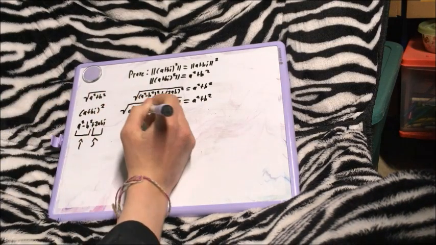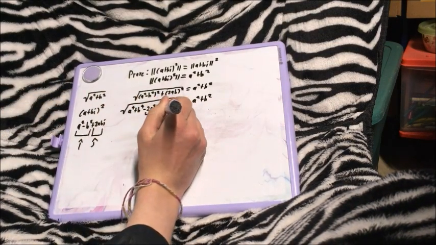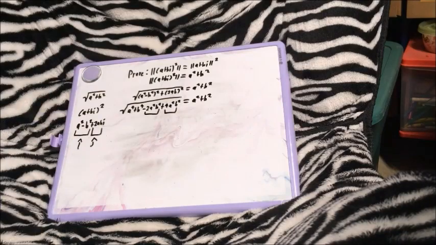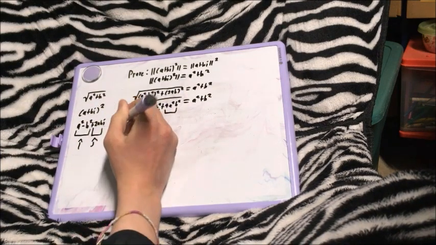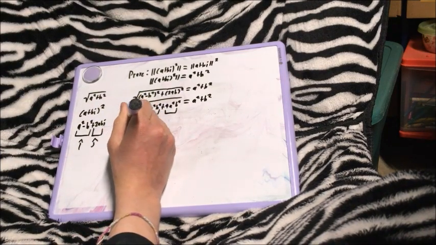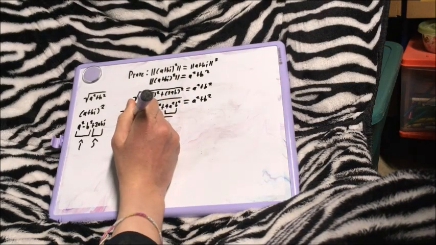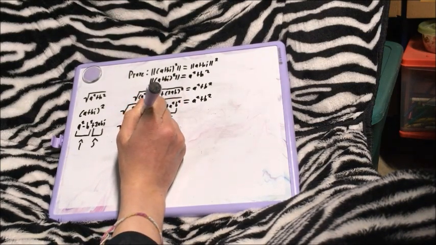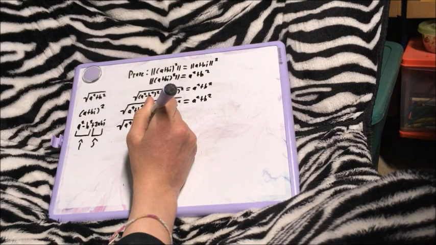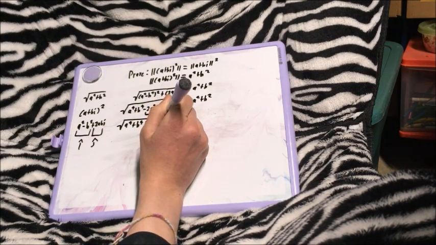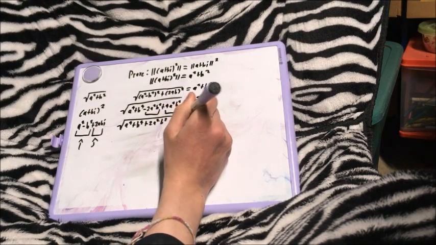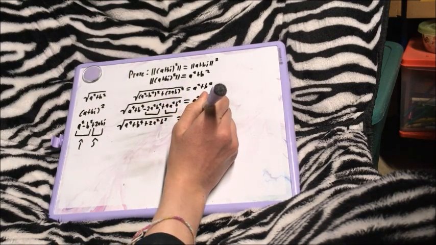We can simplify this. We see that these two numbers here, -2a squared b squared and 4a squared b squared, have the same coefficients, a squared b squared, so we can simplify the integers here. This gets us the square root of a to the 4th plus b to the 4th plus 2a squared b squared equals a squared plus b squared.